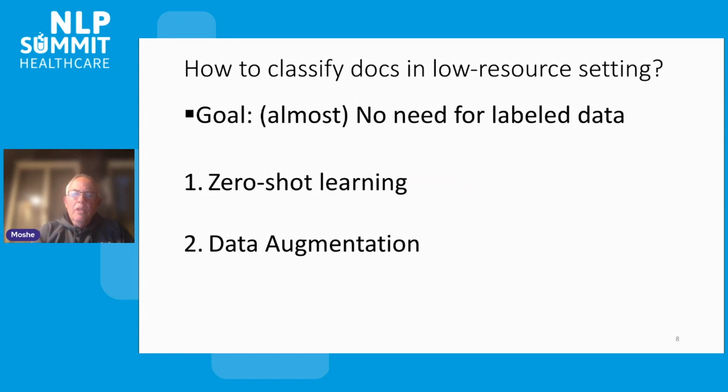The main question in a real-world environment is how to classify docs in a low-resource setting where a very small amount of labeled data is available. I will first present zero-shot learning and then continue with data augmentation, a method to automatically generate training data and synthesize new data.